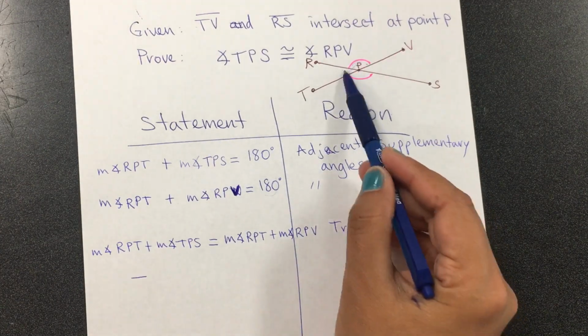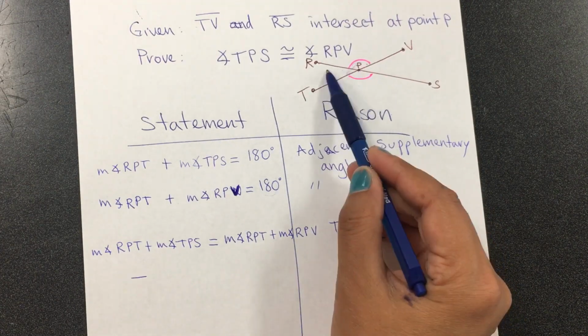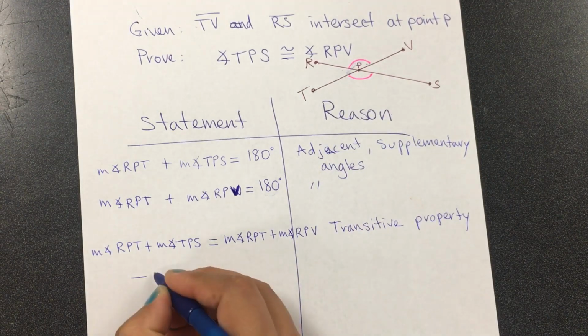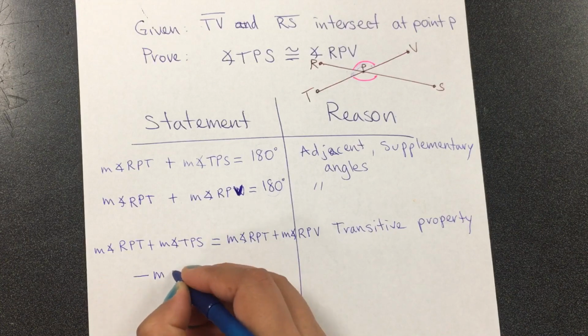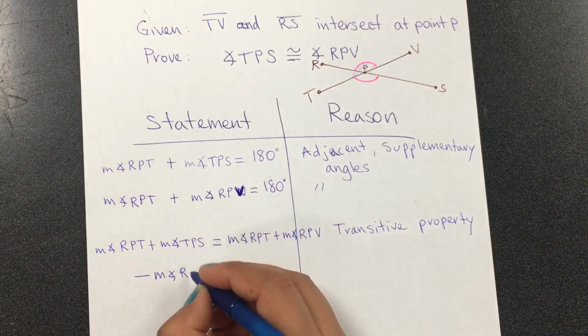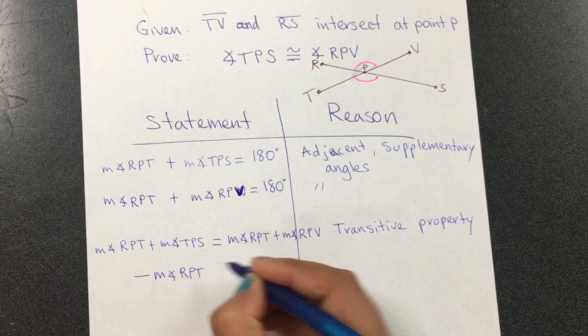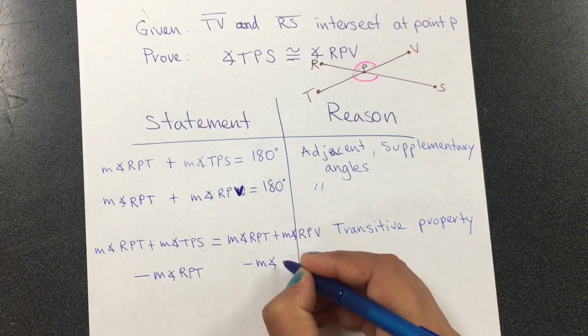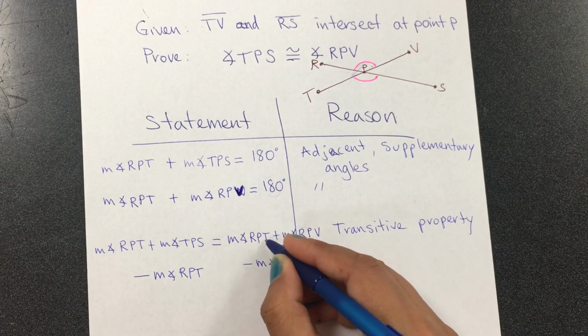Okay, now we subtract one measurement from both that are 180, minus the measurement of RPT, and I subtract it from both sides, RPT.